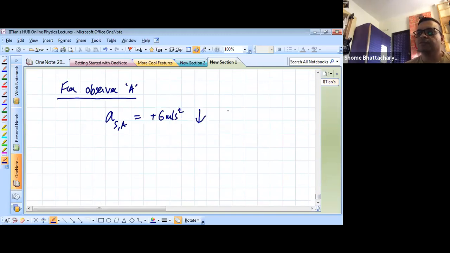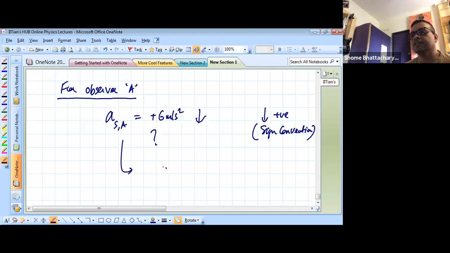I can take it as plus because I'm taking downward direction as positive. I'm taking the sign convention that for me downward is my positive x-axis. So how did I get this? The observer A himself is fixed to the elevator, so he is coming down with an acceleration of 4 meters per second square.